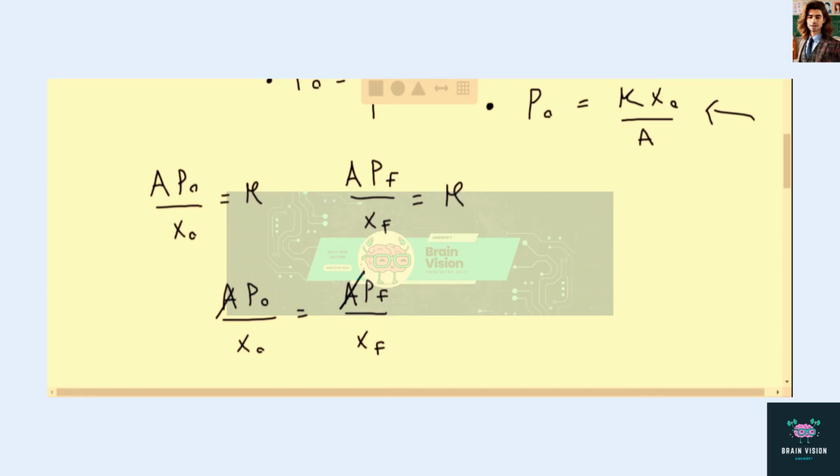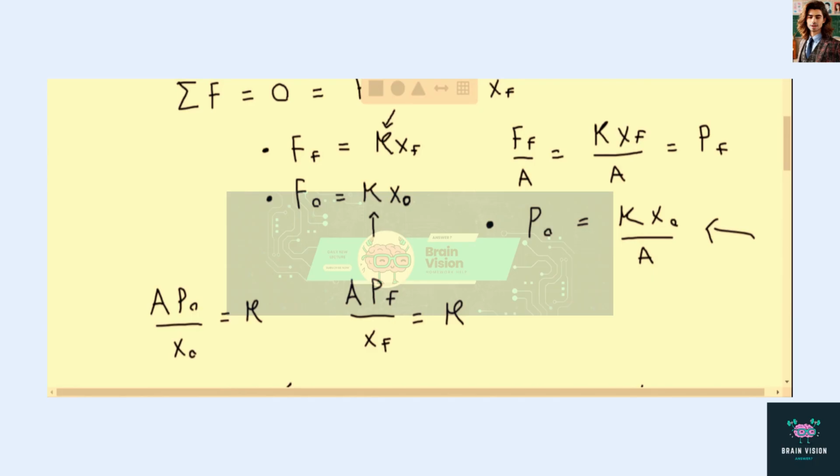So this is going to come in handy because we know what our initial pressure is. We know what our initial displacement is. We know what our final displacement is. So we can solve for P final. So if I multiply both sides by X final here, I'll isolate P final. And I'll have P final is P naught times X final over X naught.